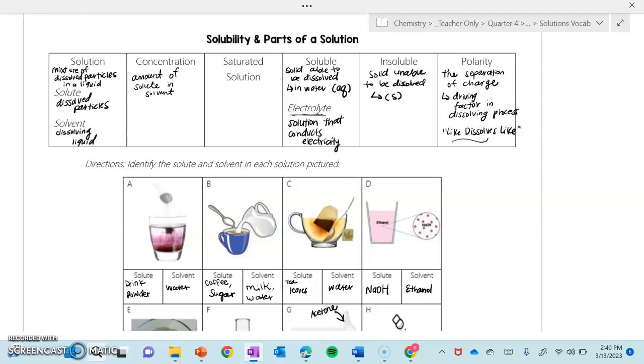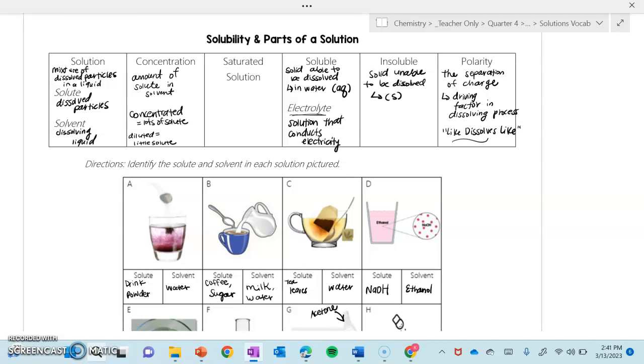And if something has less solute, or maybe more solvent, like it's watered down, we would call that diluted. So two words that go along with concentration: concentrated, which is lots of solute, and diluted, which is a little of the solute in that ratio of solute to solvent.